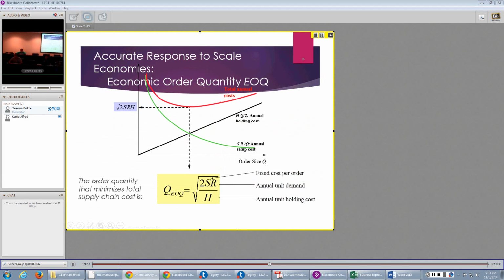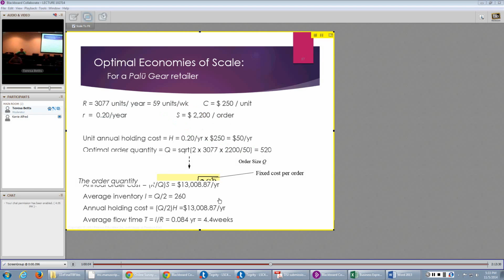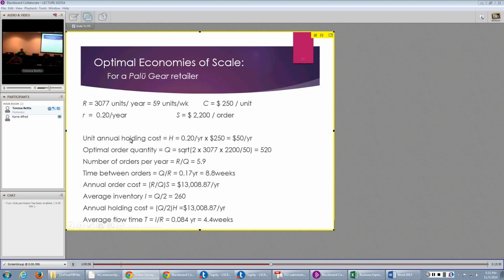But I can calculate it, again, by taking the square root of 2 times our cost of ordering times our annual demand divided by that holding cost. Okay, so if I'm going to do that, 3,077 units per year is 59 units per week. Unit annual holding cost, 20% per year times 250 gives us $50 per year.